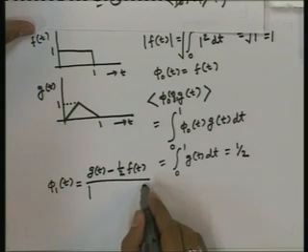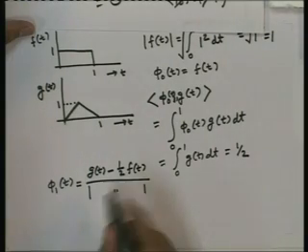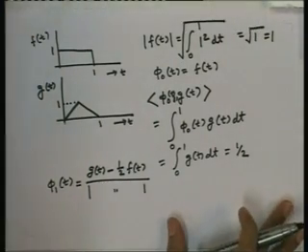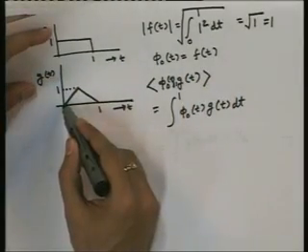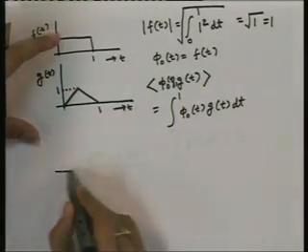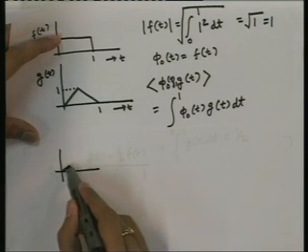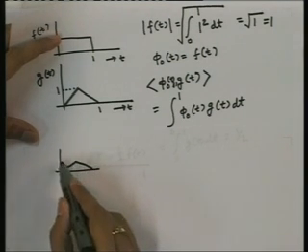Now let us see what this is. So g t minus half f t. Half f t will be like this, its height will be half here.